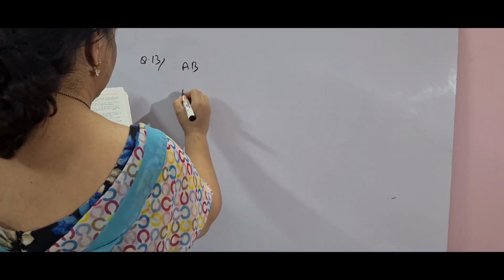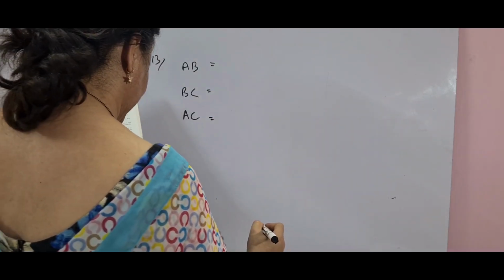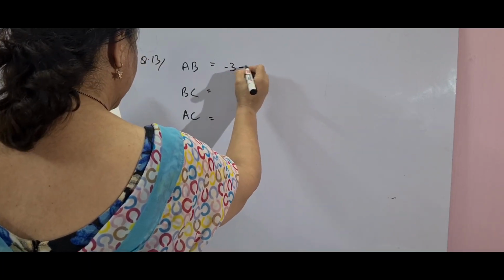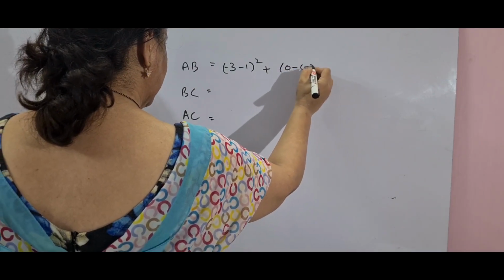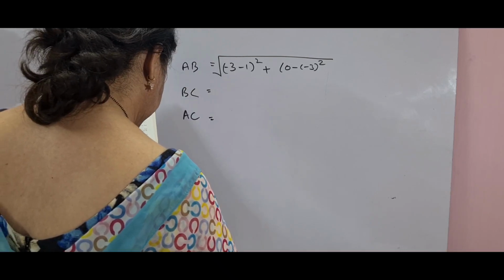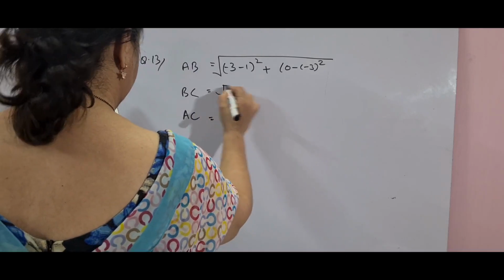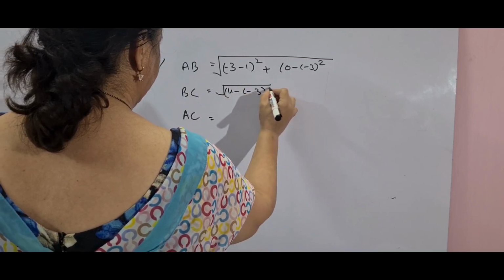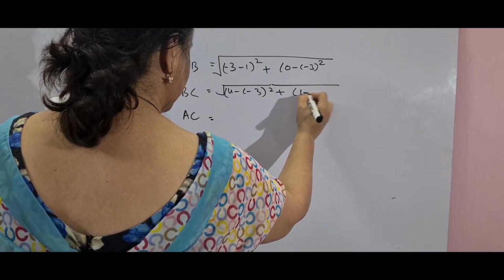AB, BC and AC, I'm putting direct formulas. So you will get here AB: 3 minus 1 whole square plus 0 minus 3 whole square. I think this is AB. Then you come to the second part, that is BC. Again this will be 4 minus 3 whole square plus, see the points, I'm seeing the points from the book, and 1 minus 0 whole square.